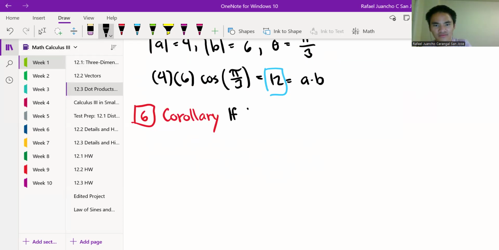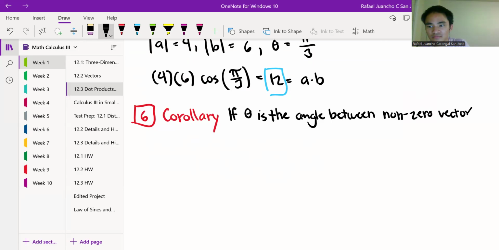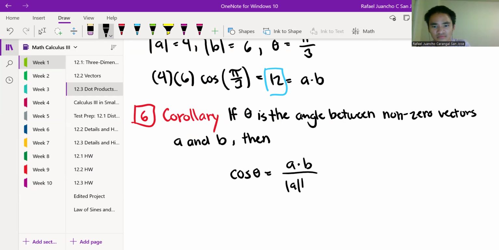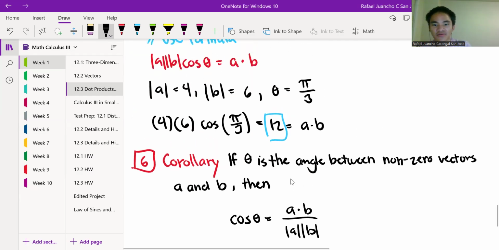is that if theta is the angle between, two, I'm kidding, between non-zero vectors A and B, then we have cosine theta, which is A times B over the magnitude of A times magnitude of B. And this makes sense, right?